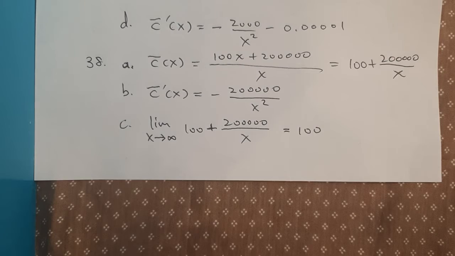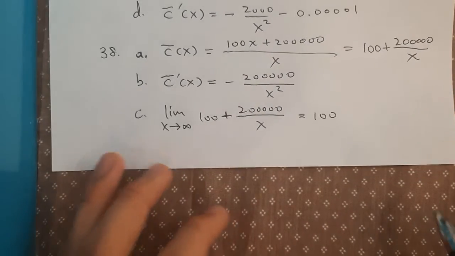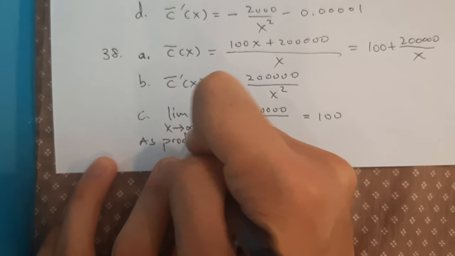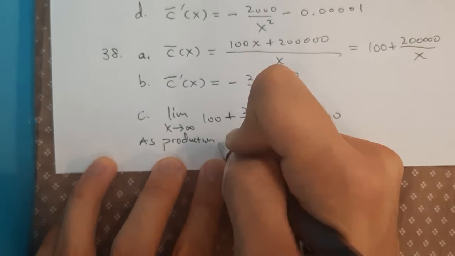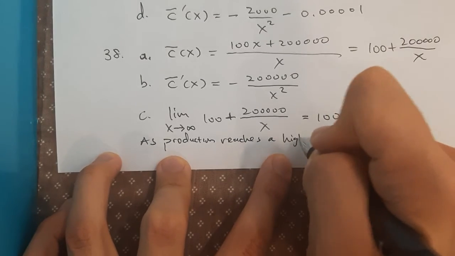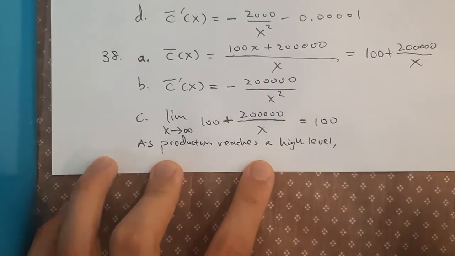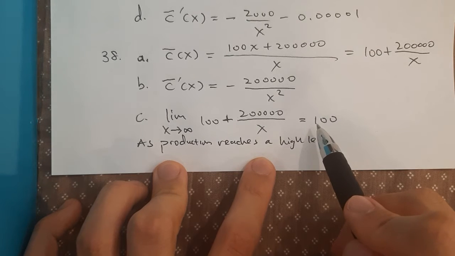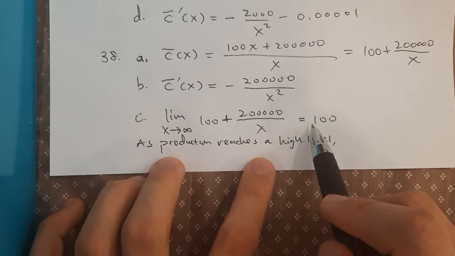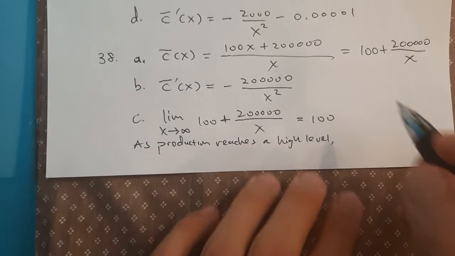Well, it means that as production increases to a high level, the average cost to produce the item, so in this case it's a desk, is going to be $100.